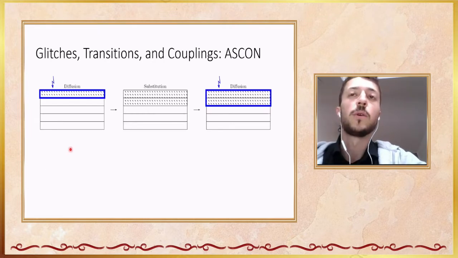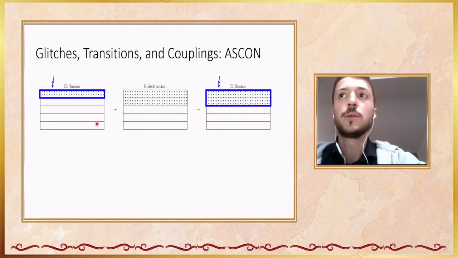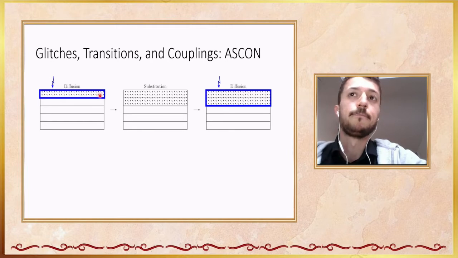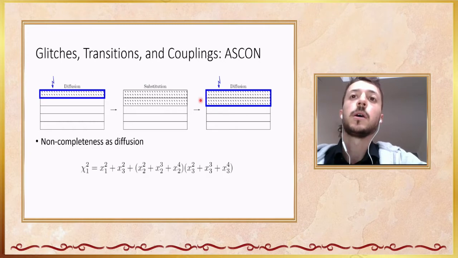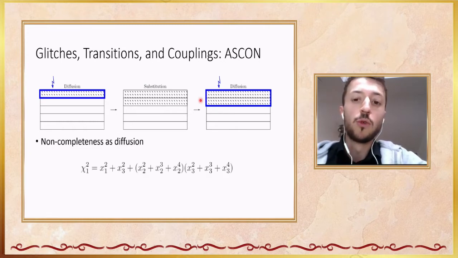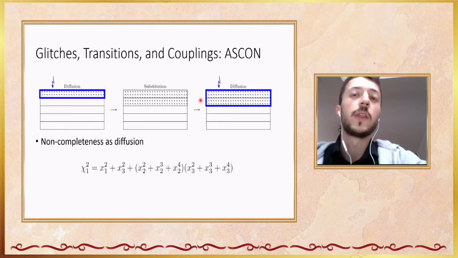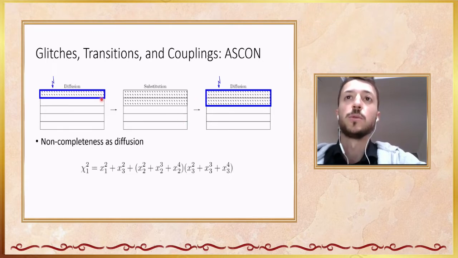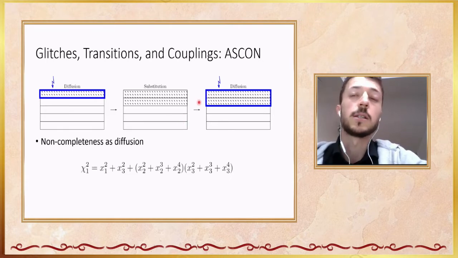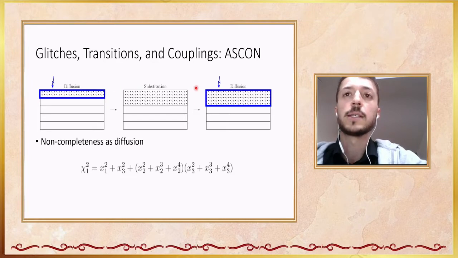In ASCON, we found things were not as trivial, because if you probe the diffusion layer, you might see another diffusion layer being calculated in parallel. So now there are trails. However, if we remove this idea of a black-box S-box, then you can ask which S-boxes would still be secure against this.